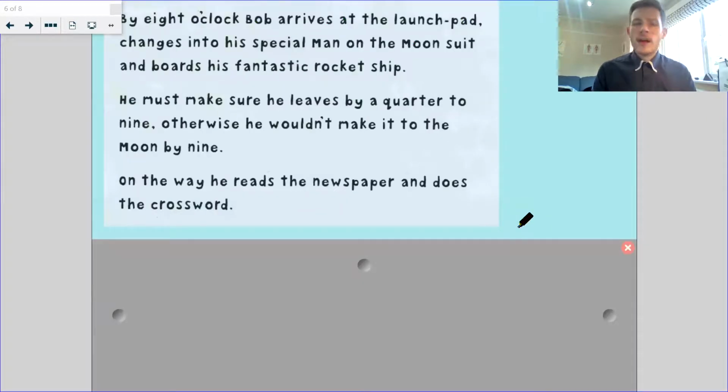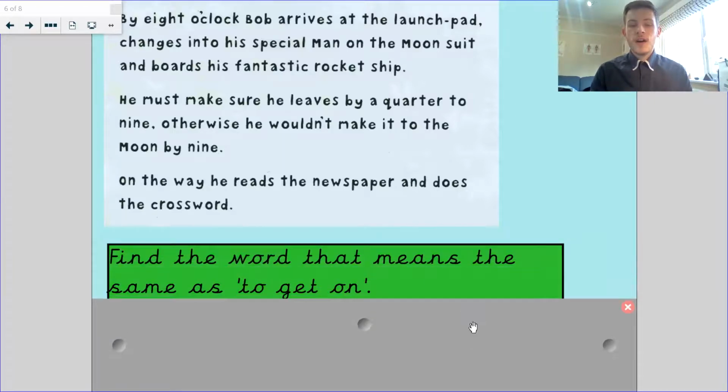By 8 o'clock, Bob arrives at the launch pad, changes into his special man-on-the-moon suit, and boards his fantastic rocket ship. He must make sure he leaves by 9:15, otherwise he wouldn't make it to the moon by 9. On the way, he reads the newspaper and does the crossword. Find the word that means the same as to get on.